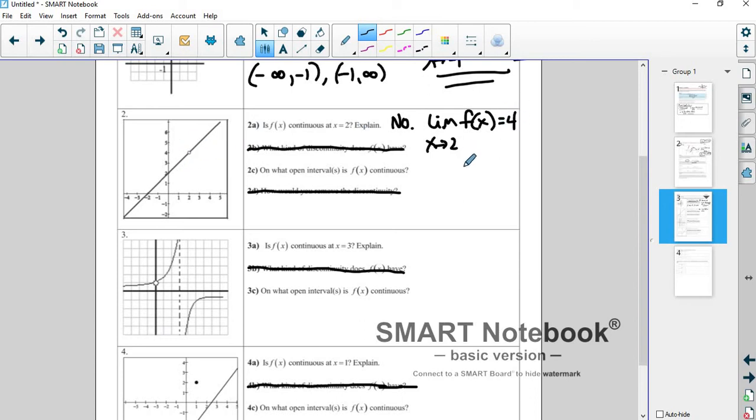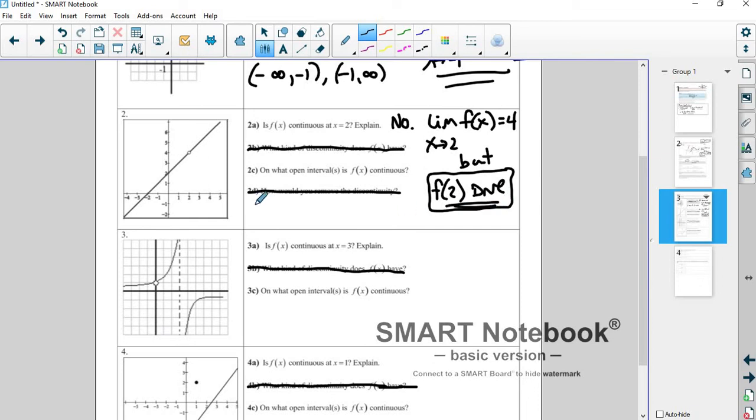That's equal to 4, but f of 2 does not exist. That's why it's discontinuous there. So you do have a limit, but the function value doesn't exist. So that's what you need to see.